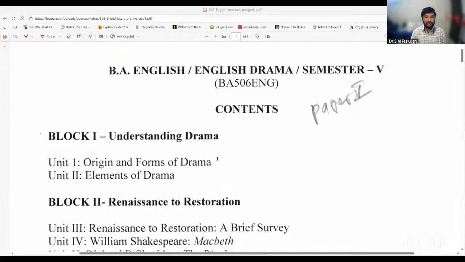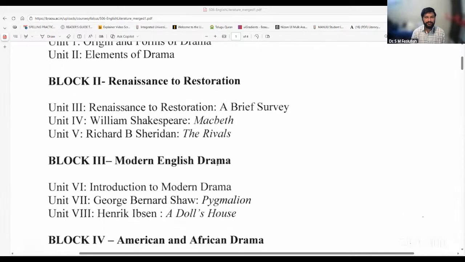Now coming to second block, which is titled as Renaissance to Restoration.